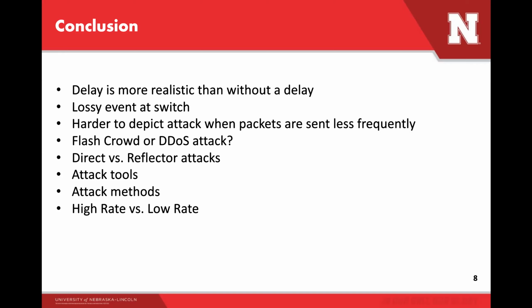So again, in the future, that is something that could be tested, but was not done. But just looking at our results, using a high rate, we can see the effect of many packets and many requests going in at once from a high rate attack.